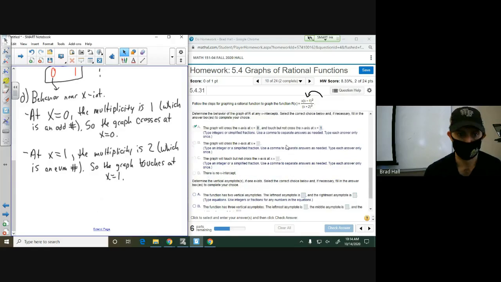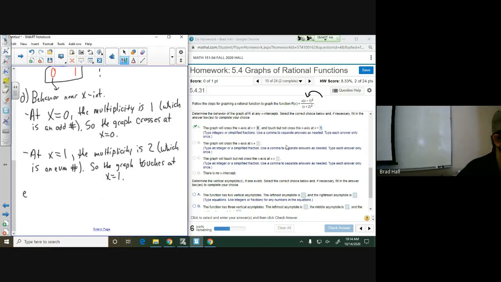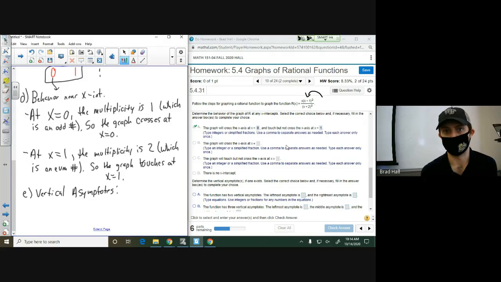We go on to determine the vertical asymptotes. And again, the vertical asymptotes for the majority of the problems will always just be whatever the domain is, with the exception of the not equal sign being swapped with the equal sign.